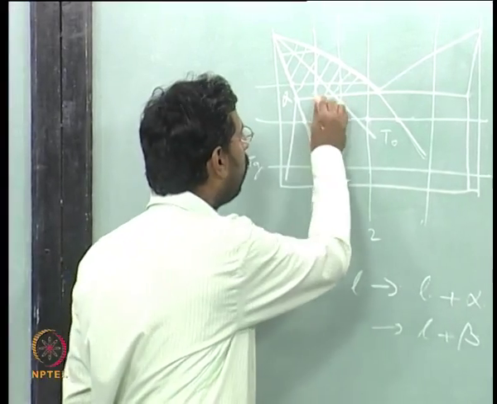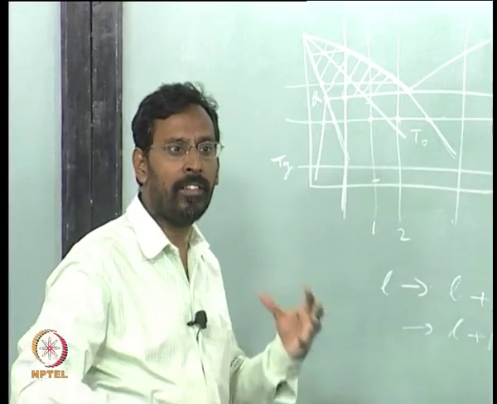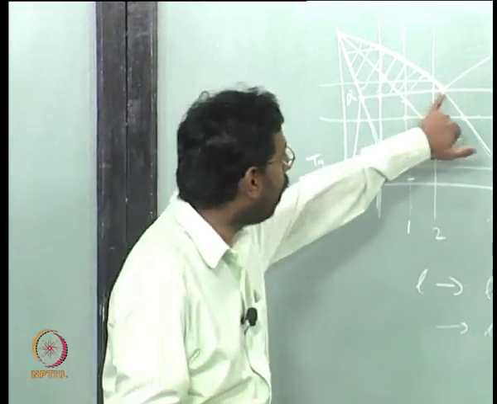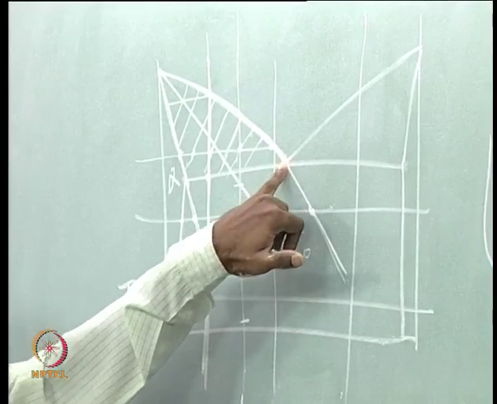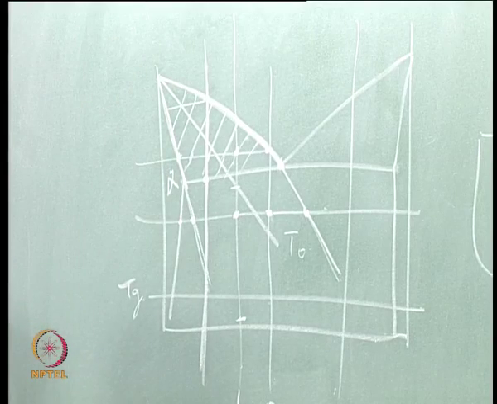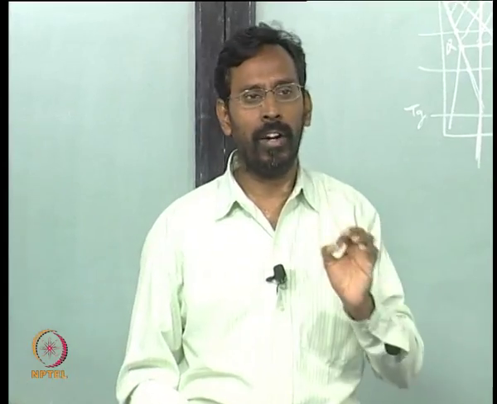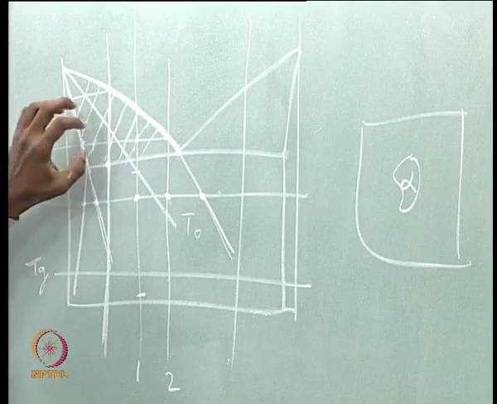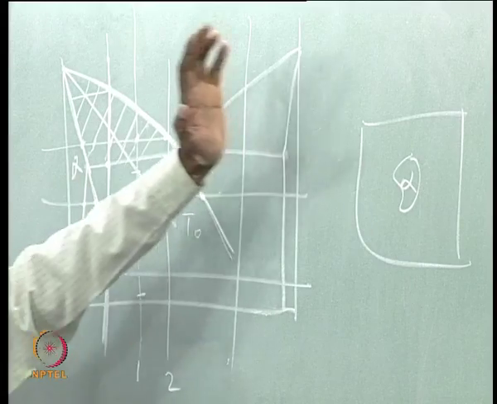So, the moment I reach this temperature, the liquid that is remaining inside the liquid plus alpha mixture will always have that composition, and it is that liquid which is undergoing a eutectic reaction, not the liquid with which you have started. The liquid which undergoes the eutectic reaction will have this composition, because it is an A-rich phase that is coming out, and the liquid becomes richer in B.